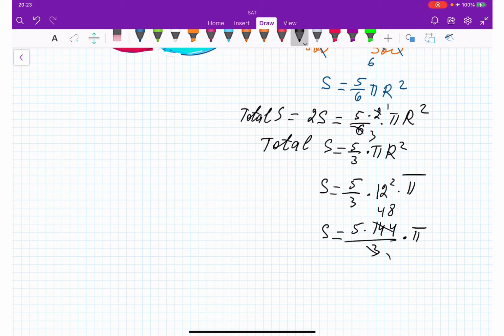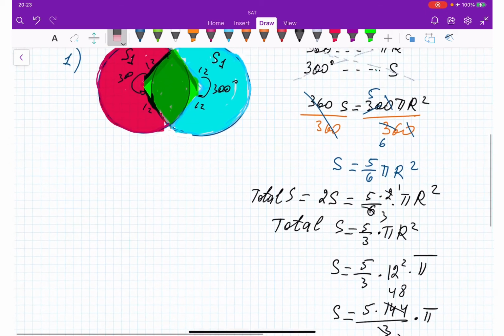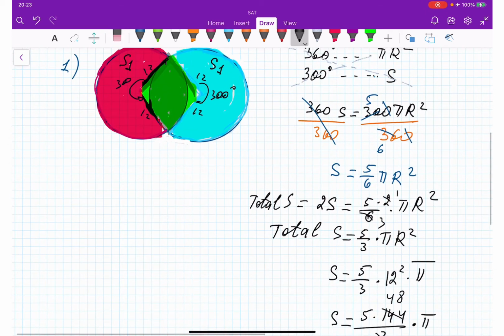And 48 times 5 is 240. S is equal to 240 pi. This is for both S's together.